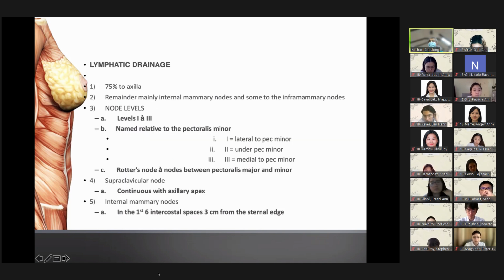What about lymphatic drainage? So now this is very important because lymphatic drainage will determine the spread of disease, spread of infection, spread of cancer when we talk about breast cancer. So 75% of the drainage of the breast will be via the axilla.